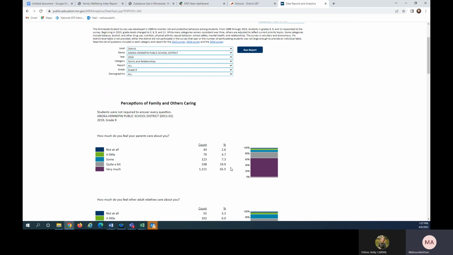So for example, if you combine the percentage of students who reported that they think their parents care about them very much or quite a bit, you could use that to frame it as a protective factor. Conversely, if you shared data on the combined percentage of students who felt that their parents care about them some, a little, or not at all, that could be used to frame it as a risk factor.